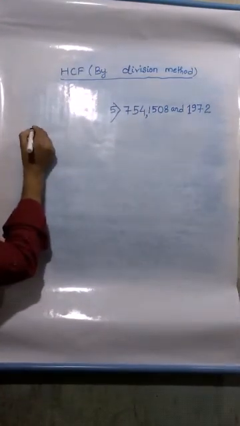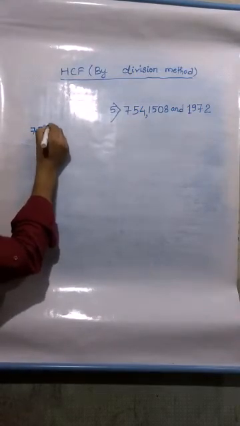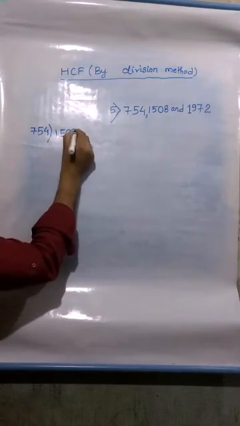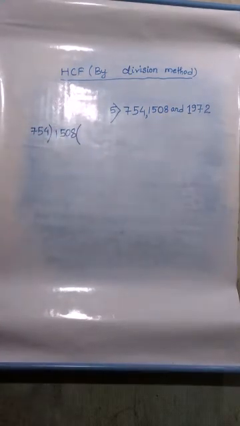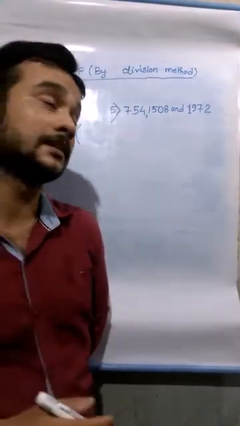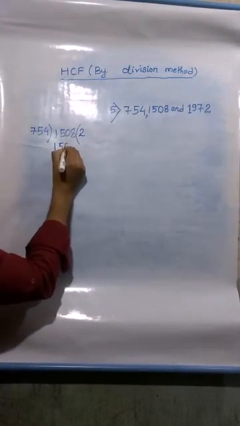So 754 divided by 1508. Now with which number will it go? So 754 2s are 1508.